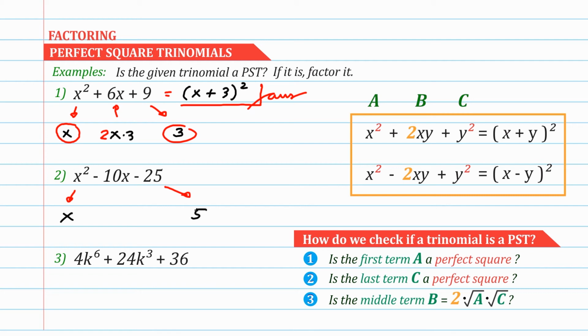Be careful. Actually, common mistake ito. Notice here that the sign of 25 is negative. Now, according to our question number 2, is the last term C a perfect square? 25 might be a perfect square, but negative 25, which should be a part talaga yung sign, isn't a perfect square.